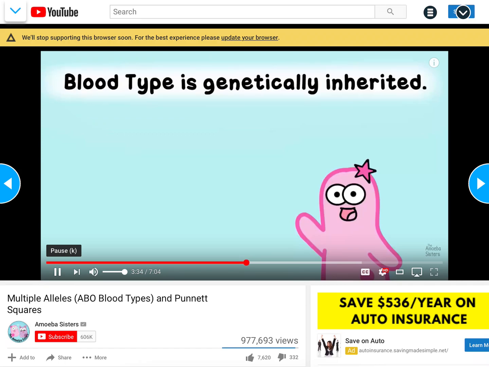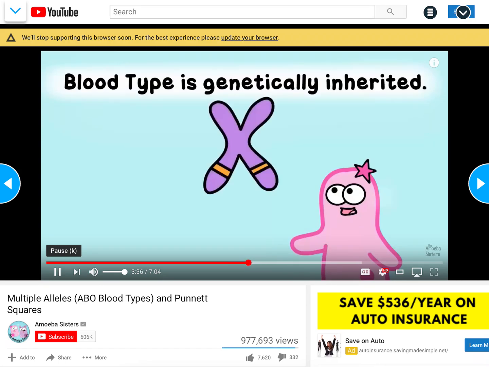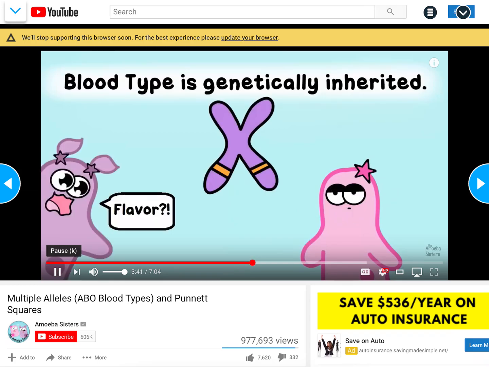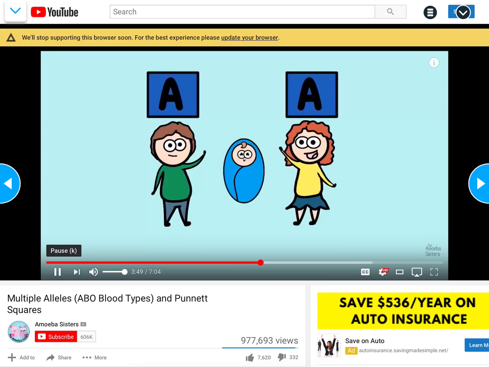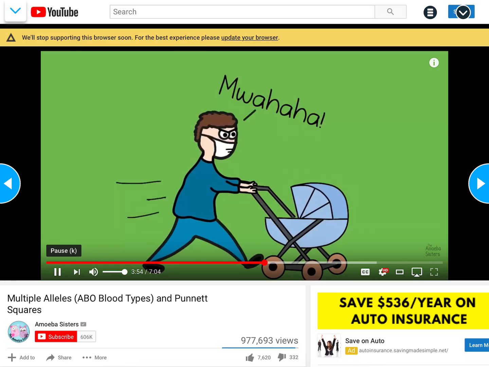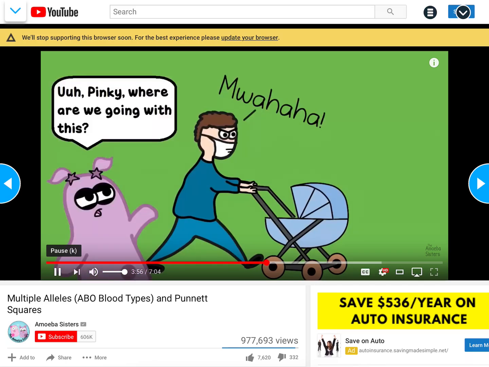Blood type is genetically inherited, and a great example of multiple alleles. Remember that alleles are a form of a gene, like a flavor. Just an analogy. So let's put this into practice. Let's say a couple gives birth to a baby boy. Both parents have type A blood, but then there is a mix-up at the hospital. And now, sorry, I get really into my drama.